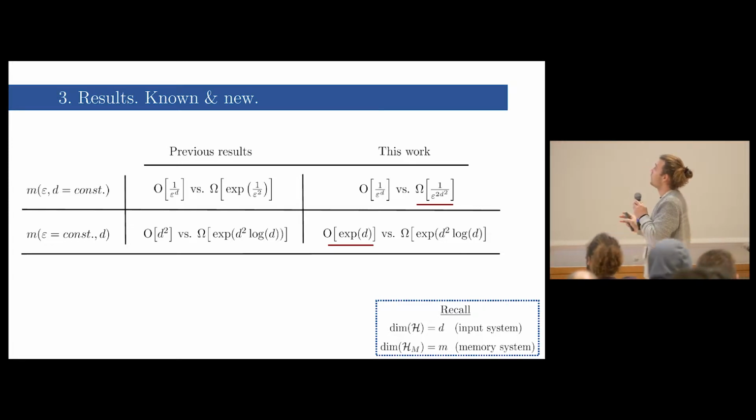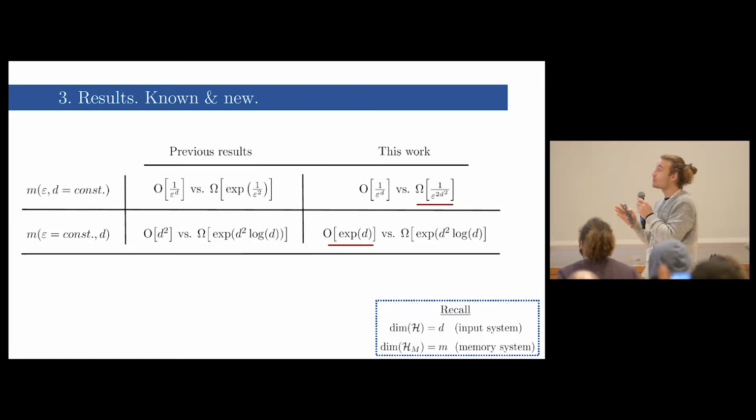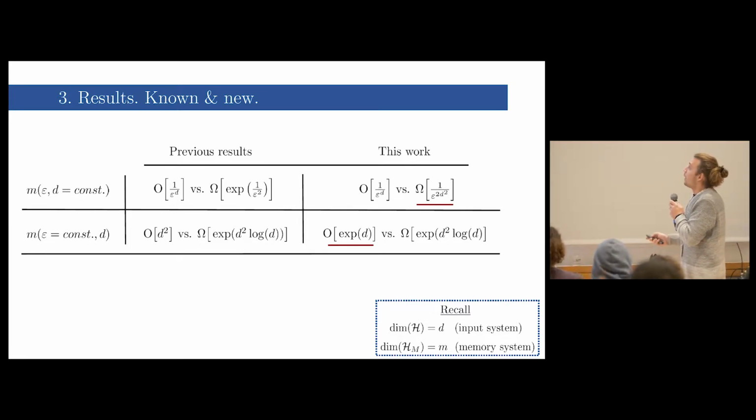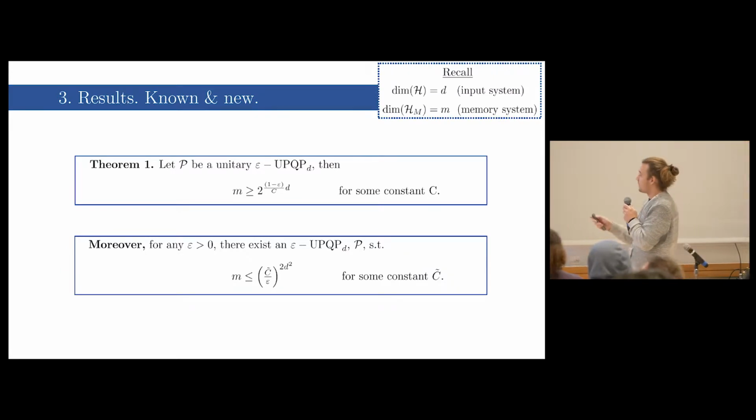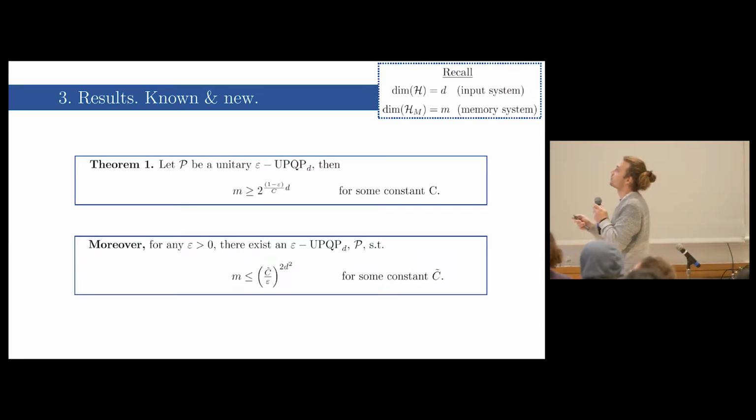So now we have nearly optimal knowledge about this object. Let me state in a theorem these two results I already mentioned.